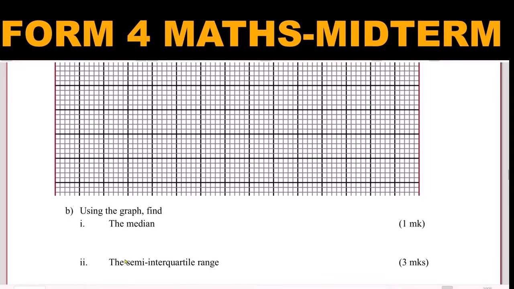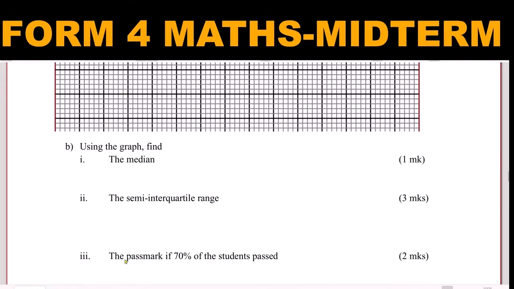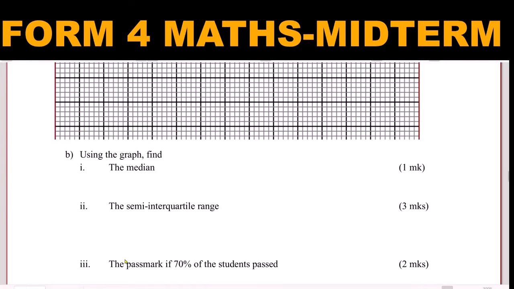Using the graph, find 1, the median, 2, the semi-interquartile range, then 3, the pass mark if 70% of the students passed. So those are the questions.